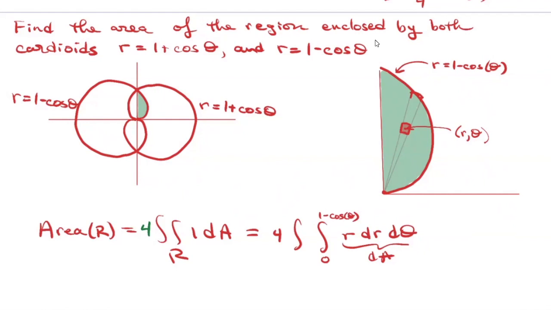So maybe I'll move this little indicator down here. That's where r is 1 minus cos theta. And the tip where r is 0. Okay, any questions? And then you have to measure out your theta angle.